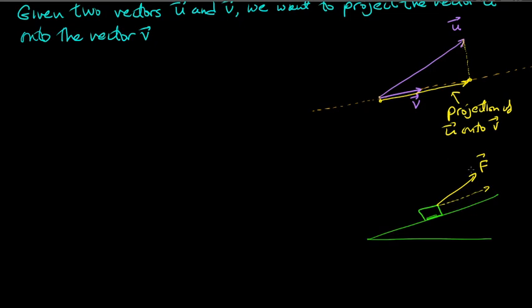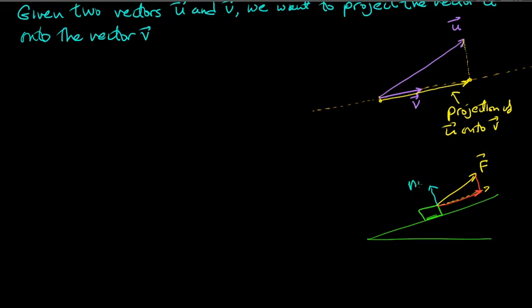But what happens is only the force in that direction matters, right? So we have the force in this direction, right? That's the force along the ramp. But then, because of the direction of the force, we're actually pulling it up just a little bit. So there's also a component to the force that's perpendicular to the ramp.